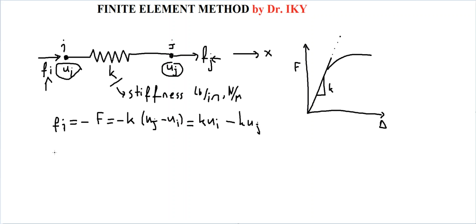And for node J, Fj, this time it is positive. You will write it as K times (Uj minus Ui).